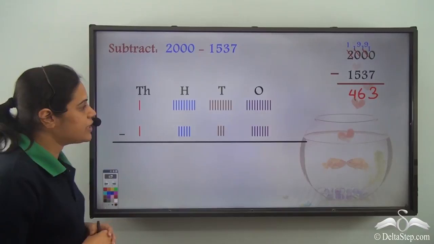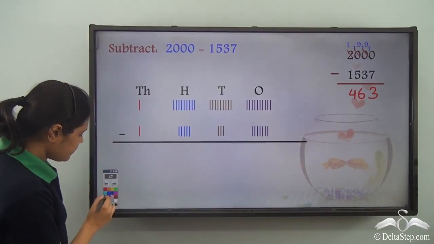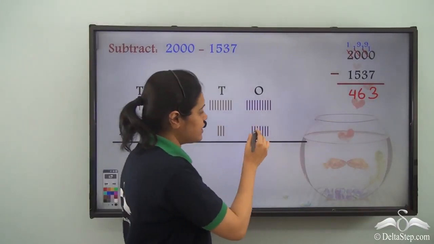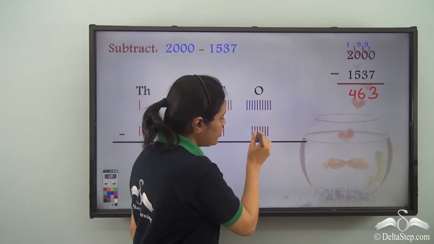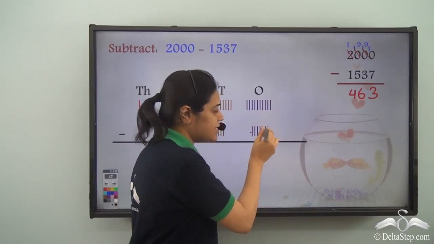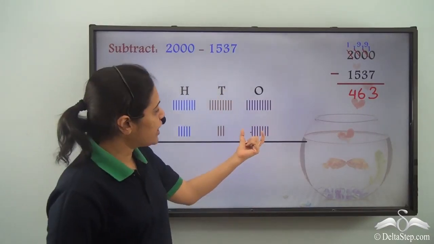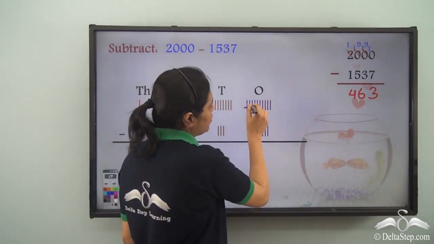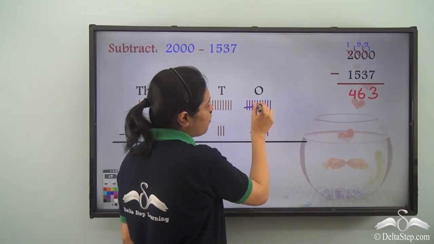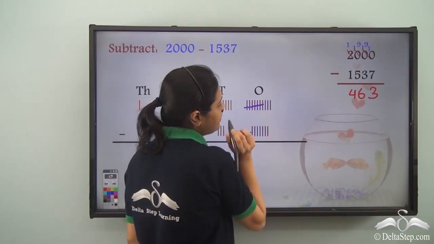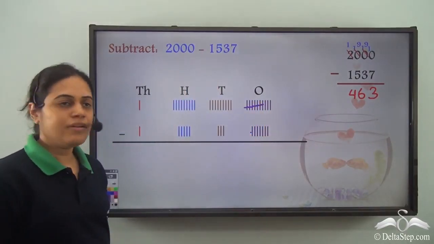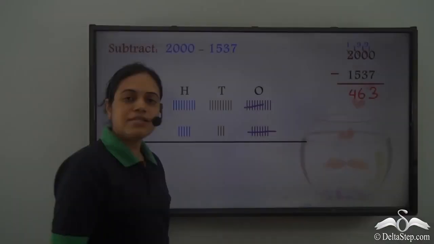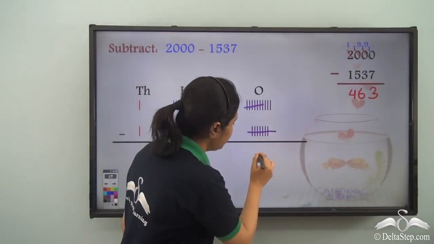Now what about this? So in the ones place I have 1, 2, 3, 4, 5, 6, 7. So I need to take away 7 from here. I take away this 7 and I am left with 3.